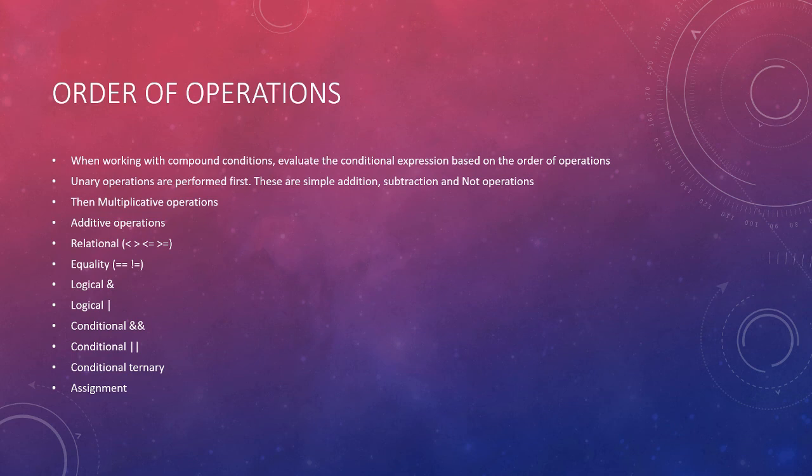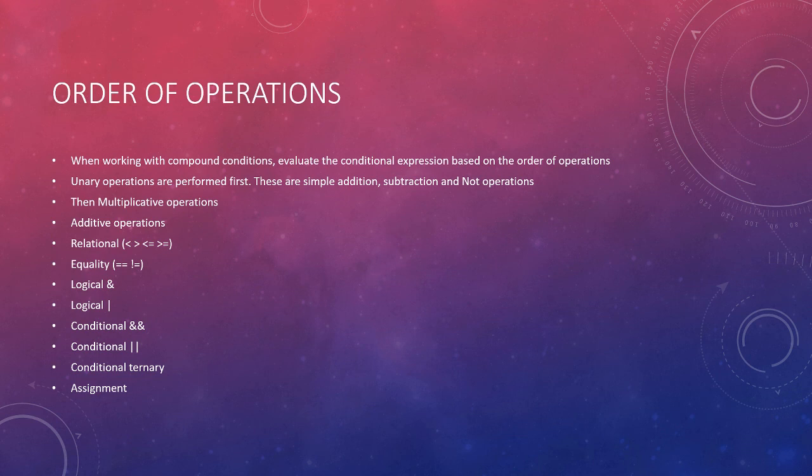Our order of operations can also affect the way things work. If we try to get really, really complicated and do all sorts of work inside of our conditional statement, unary operators are performed first. Those are addition and subtraction values that apply to one variable, like plus plus, minus minus, those sorts of things, and a simple not operator.